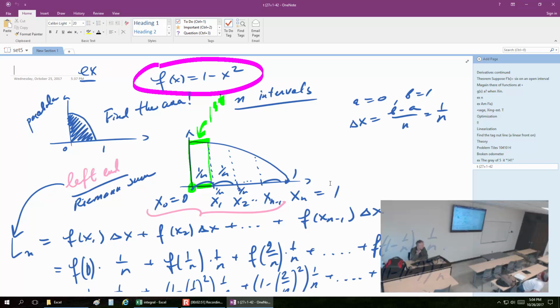Any n. It should be carried out simultaneously for all possible n's. When you just want an approximation, you don't care how accurate it is, it's just a number. But if you want absolute accuracy, then you have to take the limit, so you need a sequence. That's what we're trying to produce: a sequence of Riemann sums.